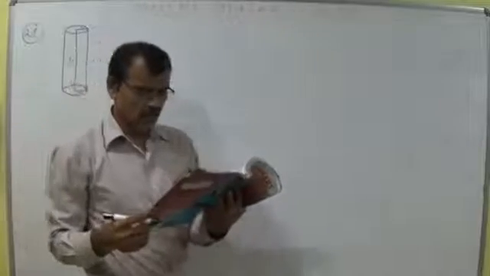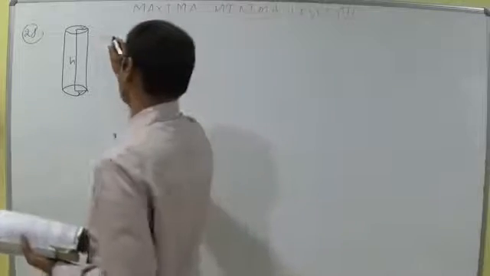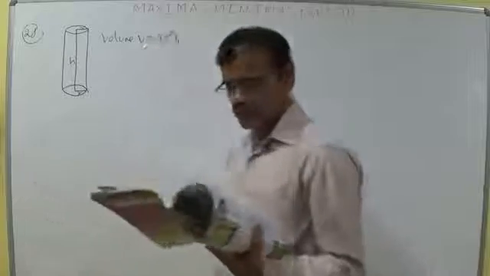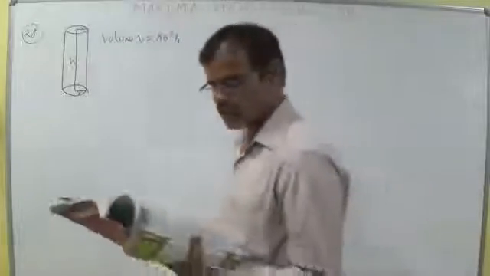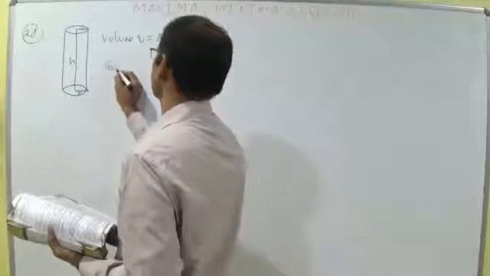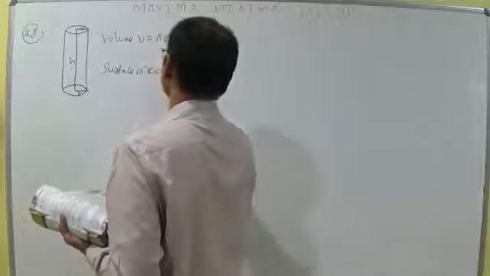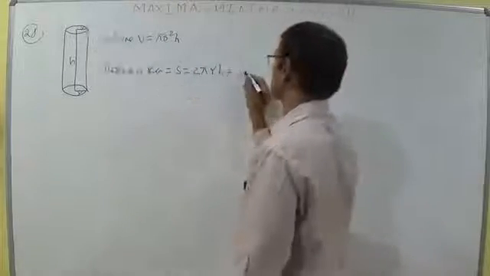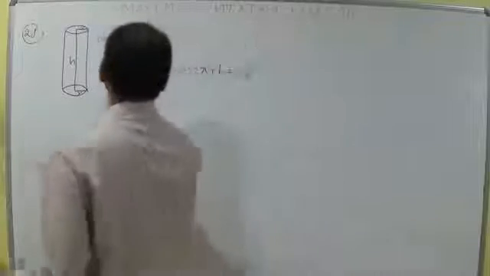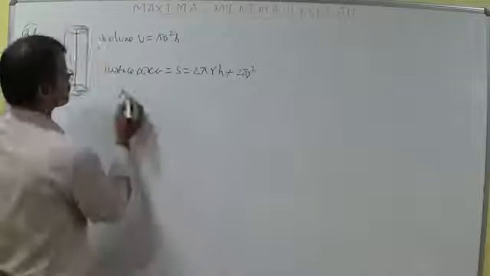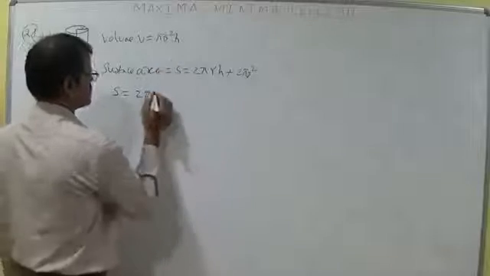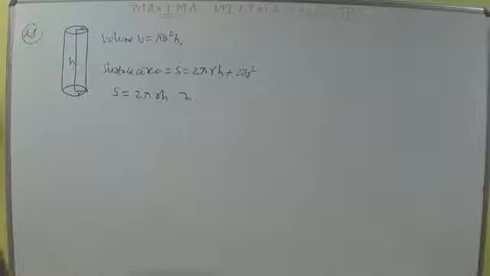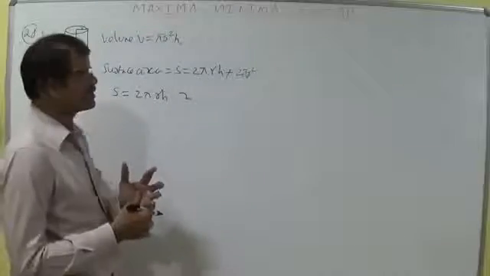So S is equal to 2 pi r h plus 2 pi r square.